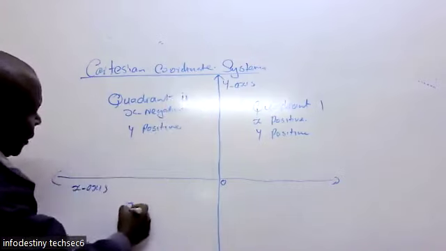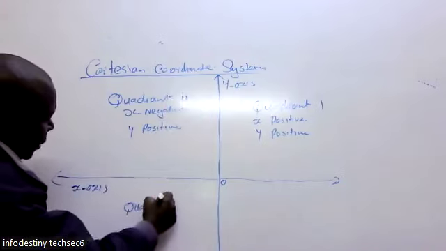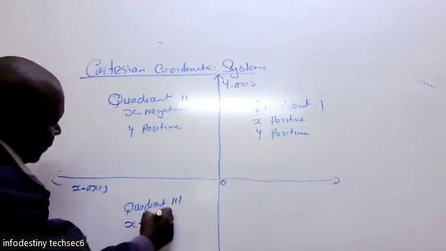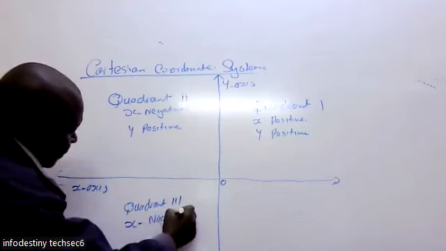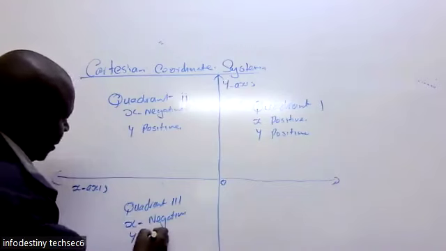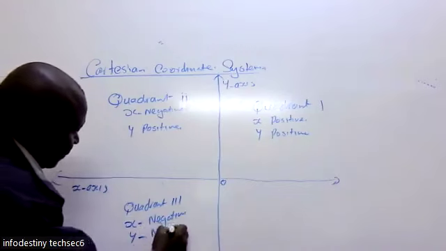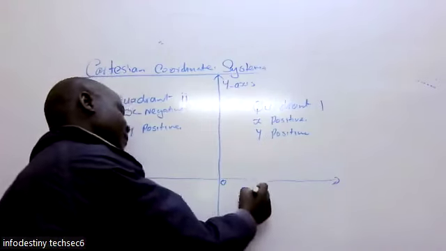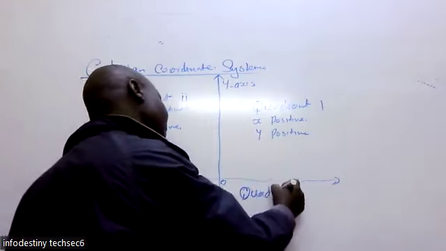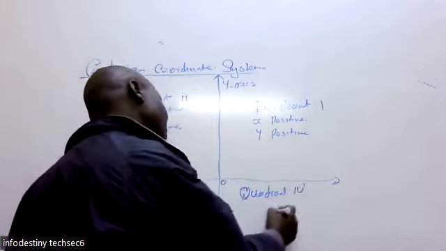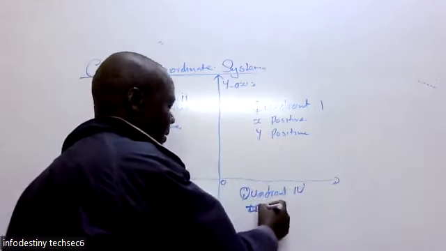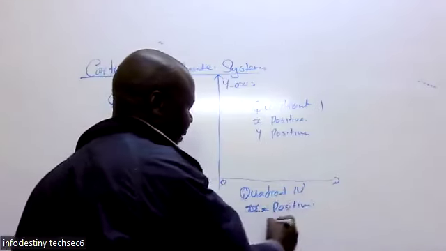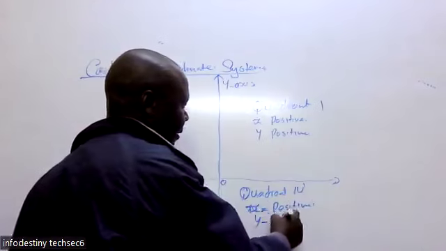Then we go to quadrant 3. We are going to have x negative and y negative. Then quadrant 4: x positive and y negative.